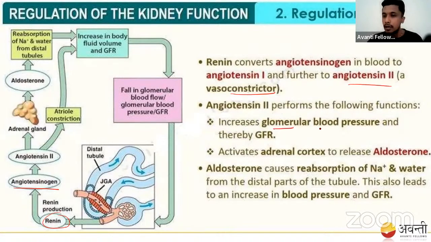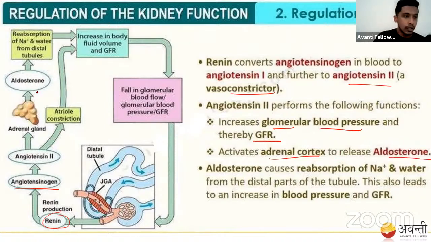It affects the glomerular blood pressure. How? It increases the glomerular blood pressure. As you decrease the size of the blood vessels, the pressure of the blood will increase automatically, and thereby the glomerular filtration rate also increases. Angiotensin 2 also activates the adrenal cortex to release one more factor called aldosterone.